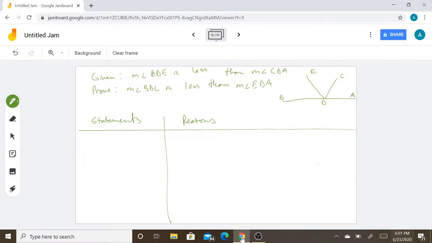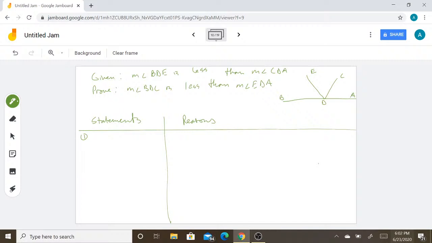So this is a proof using what we learned last week, just to refresh our memories. It gives us that the measure of angle BDE is less than the measure of angle CDA, and it asks us to prove that the measure of angle BDC is less than the measure of angle EDA.